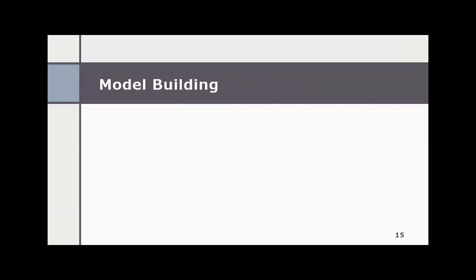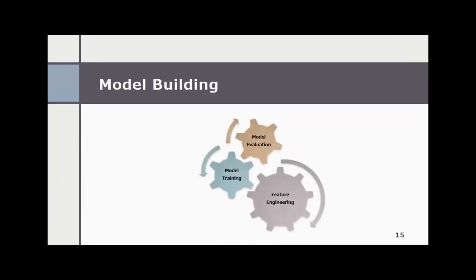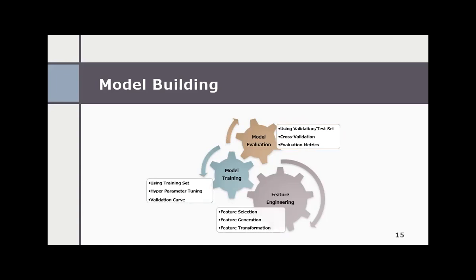Let's now look at the model building step, which involves feature engineering, model training, and model evaluation. Feature engineering is considered a critical aspect of the model building step as it involves feature selection, feature generation, and feature transformation.